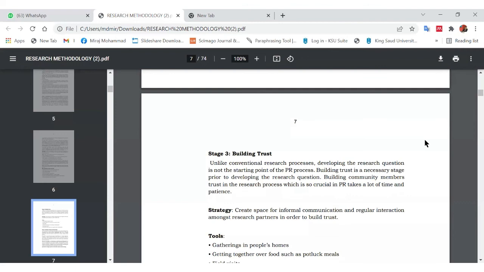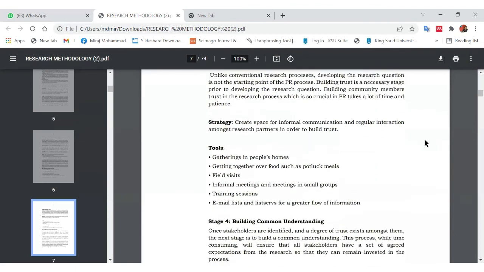So for building trust, the strategy may be to create a space for the information. There could be informal communication where this information can be given by other members of the same area. Then there can be gatherings, get-togethers over food, field visits. Suppose I want to develop trust, I might invite them for some discussion.